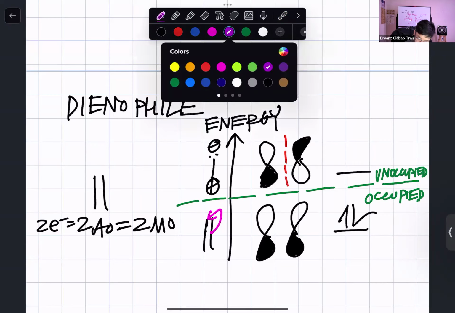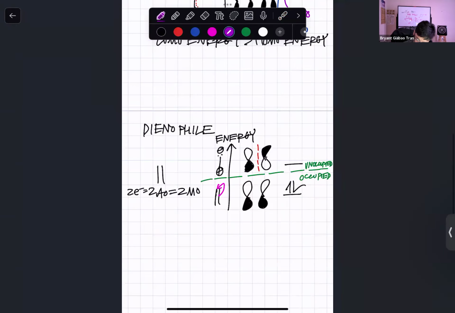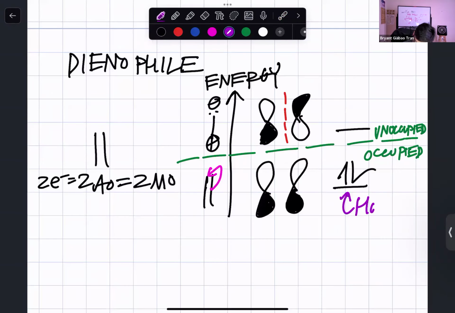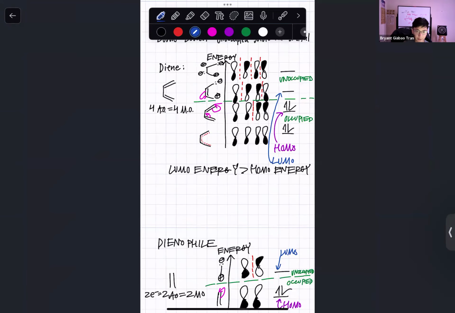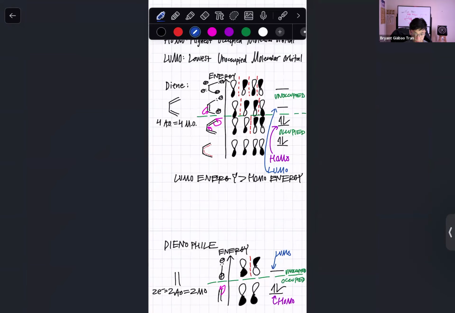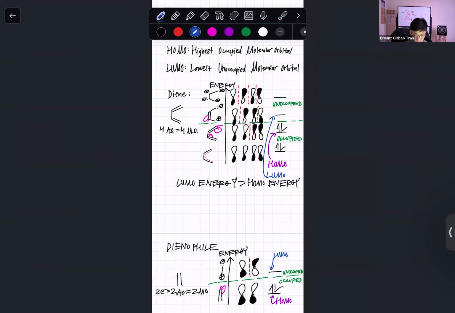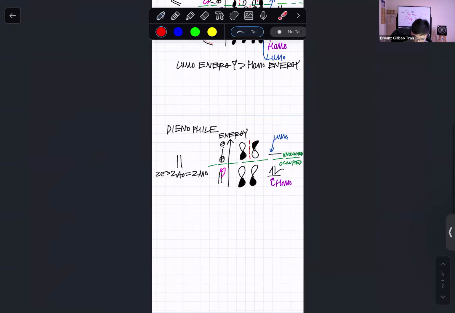So that makes this the HOMO and this the LUMO, right? So we saw that the dienophile is much more simple than the diene because there's less electrons to deal with, right? Less molecular orbitals to deal with, right?